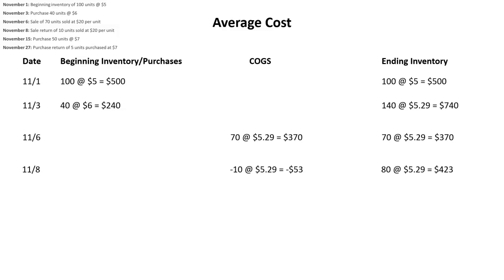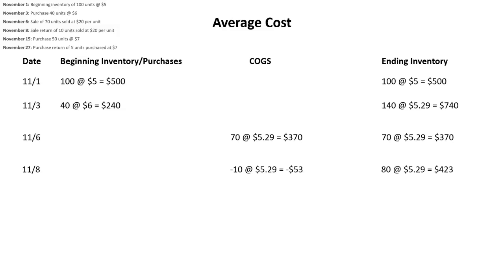And we add those $53 back into our inventory value. But notice, we did not have to calculate a new weighted average unit cost with a sale return. We will later on when it comes to the purchase return. But we don't have to do it here when a customer is returning goods to us.